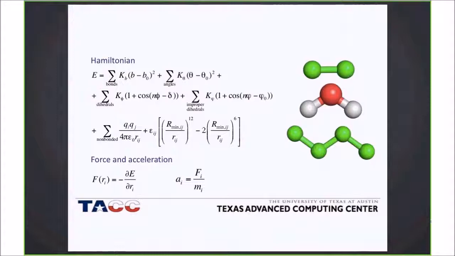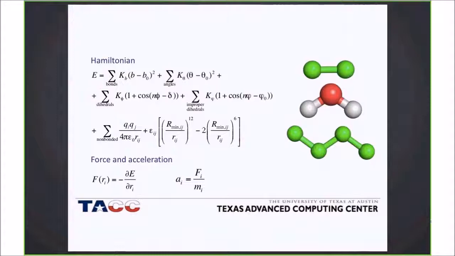It generally includes bond stretching, angle bending, dihedral potential, improper dihedral, charge-charge interactions, and van der Waals potential. Bonded interactions include the first four terms: bond, angle, dihedral, and improper dihedral. They are short-range interactions. Only local atoms are involved.